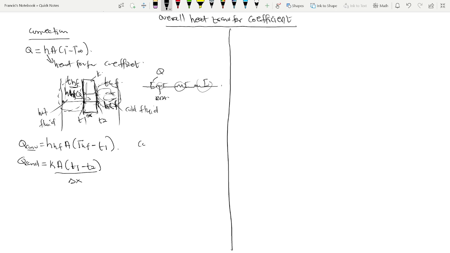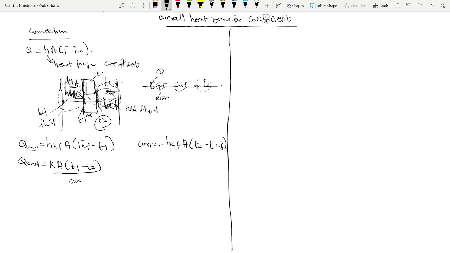And then our heat from this surface to the cold fluid will also be by convection. So hCF multiplying A multiplying T2 minus TCF, because T2 is at a higher temperature than TCF.